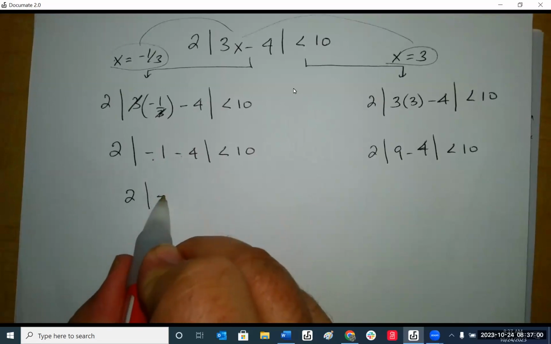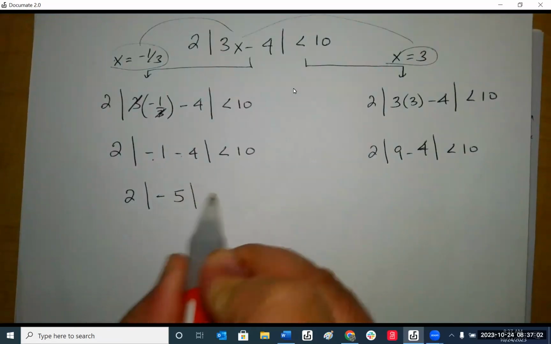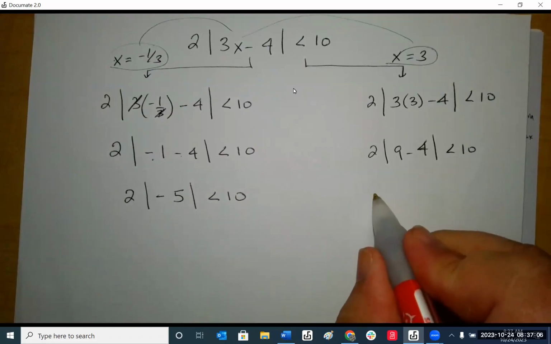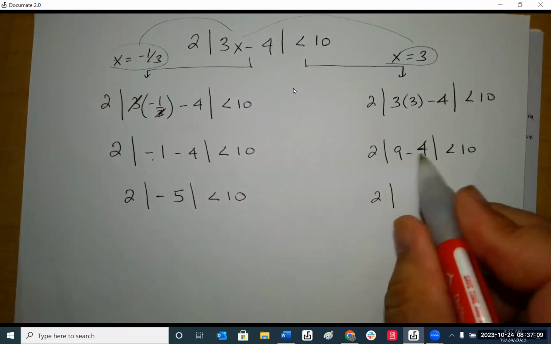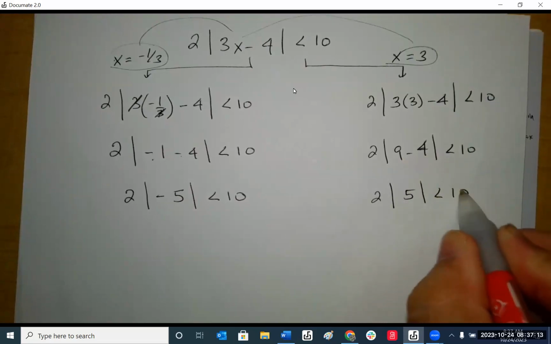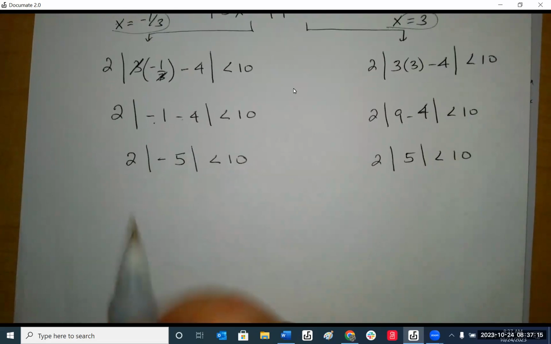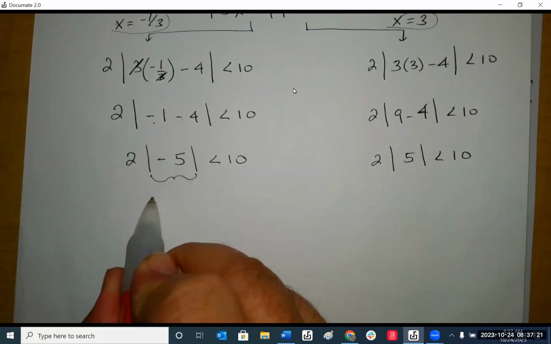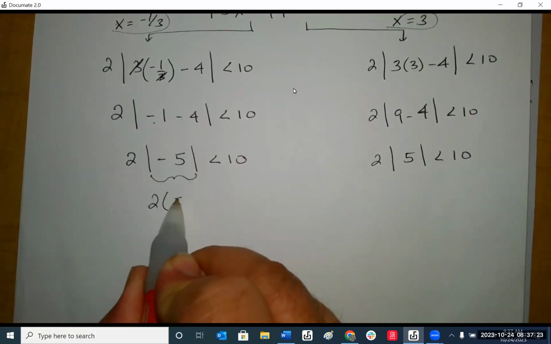Negative 1 minus 4, they're both negative, so we add them. Nine minus 4 is 5. Absolute value of negative 5 is 5.